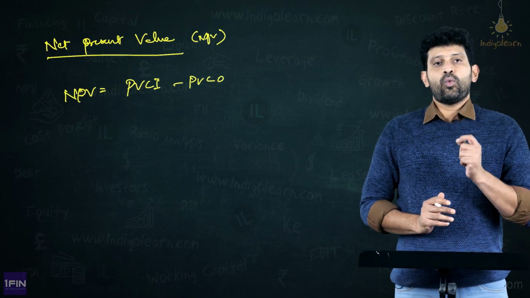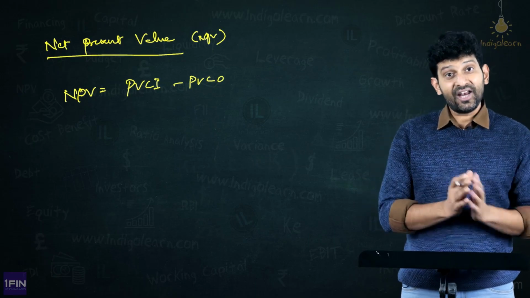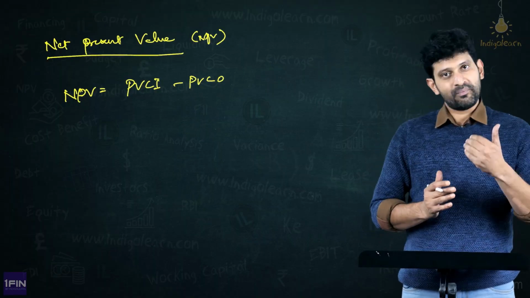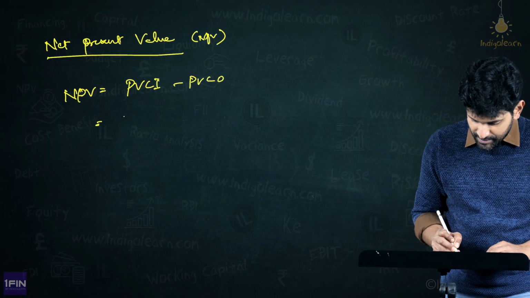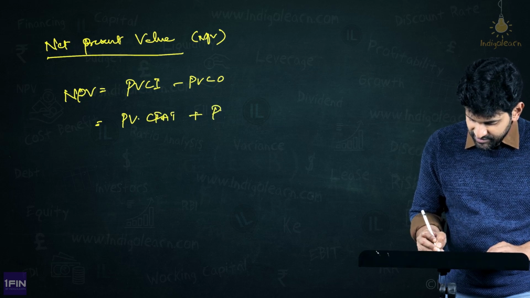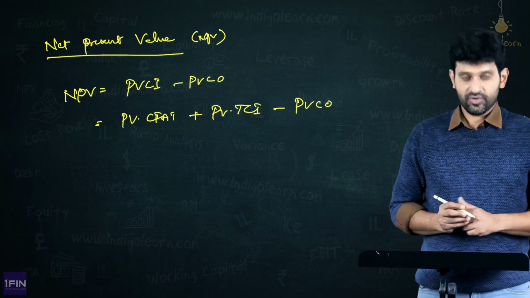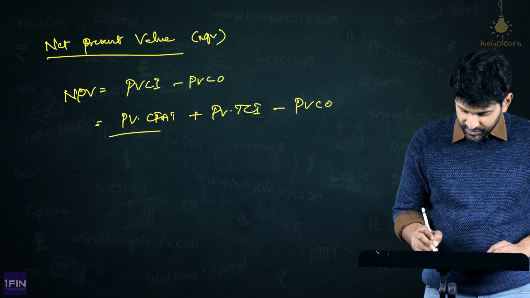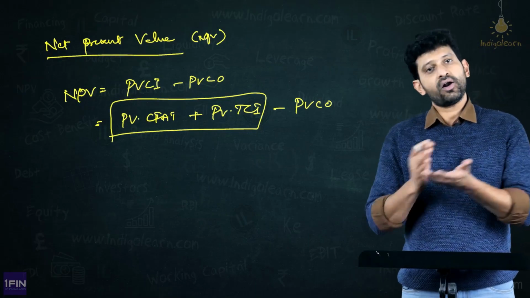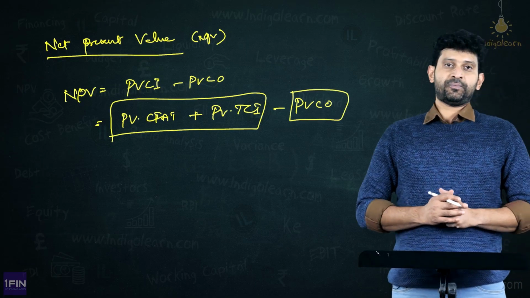Now, present value of cash inflows is divided into two parts, that is annual cash flows and terminal cash flows, of which we will take the present value. Therefore, we will call it present value of CFAT plus present value of terminal cash inflow minus present value of cash outflow. Now, these are the present values of cash inflows, be it annual and terminal, and terminal, not or. This is the investment cost.